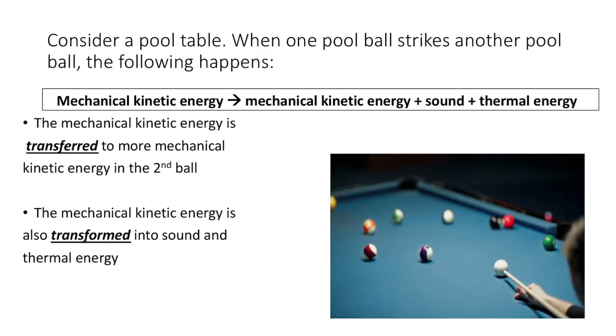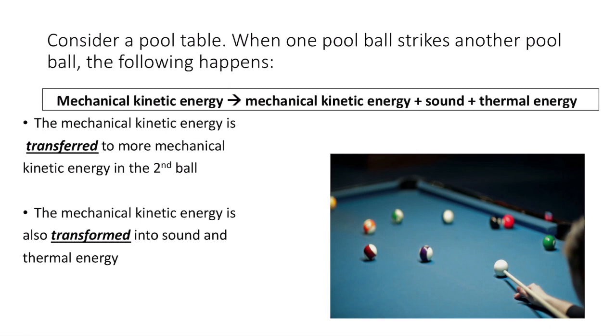So consider a pool table. When one pool ball strikes another pool ball, the following happens. Mechanical kinetic energy from the moving ball hits another ball, so that second ball starts to move, meaning it is getting mechanical kinetic energy. But in addition to that movement, you also hear a crack sound, which is sound energy being released.